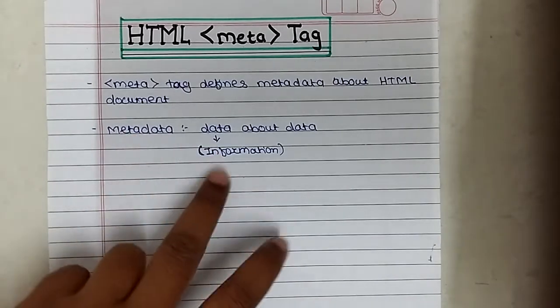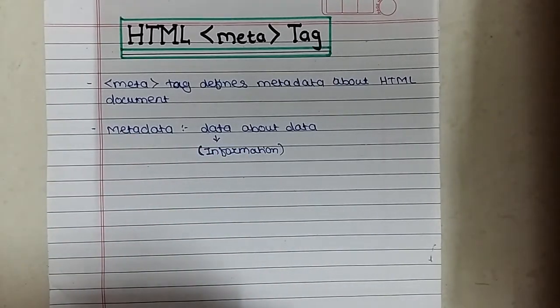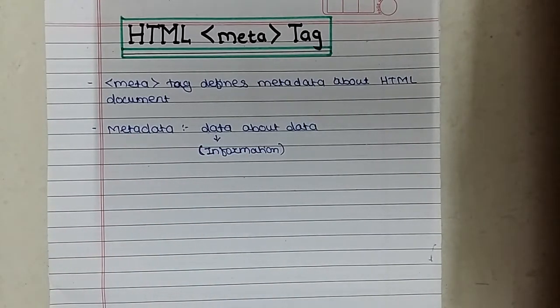That means metadata defines the information about information, or data about data. So when we form the HTML document, the meta tag is used to define the metadata about that document.